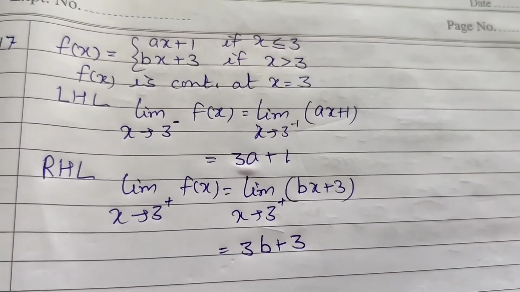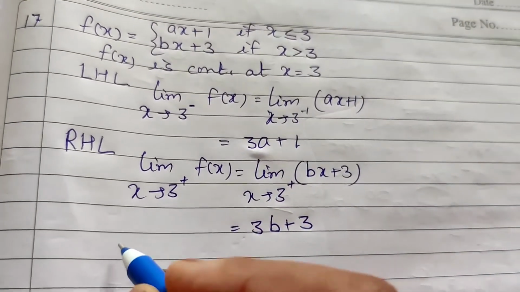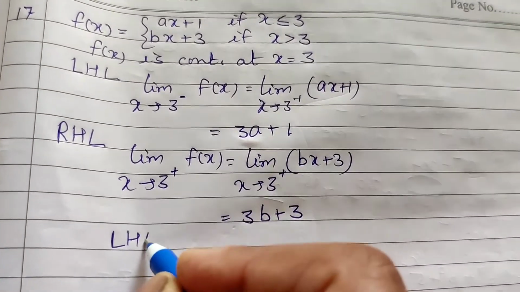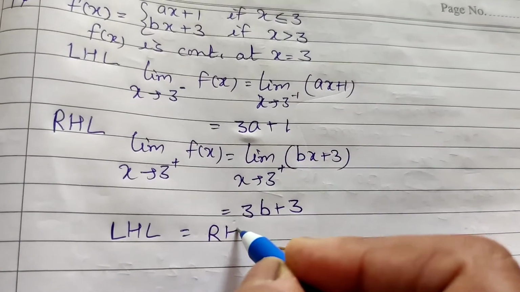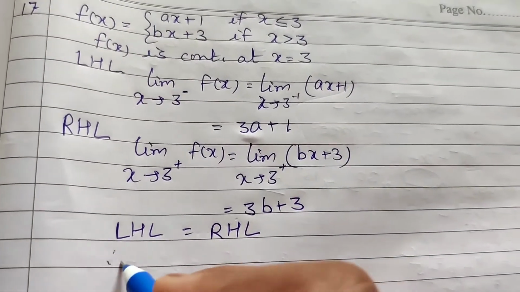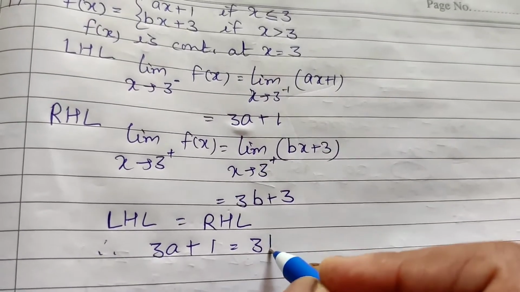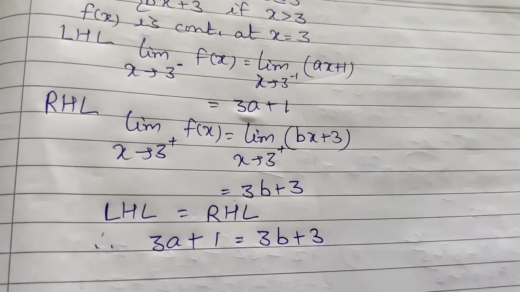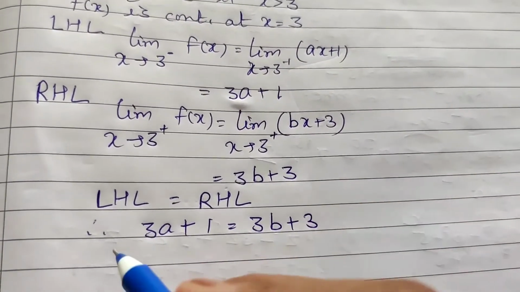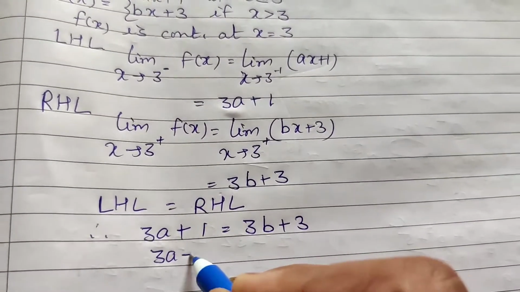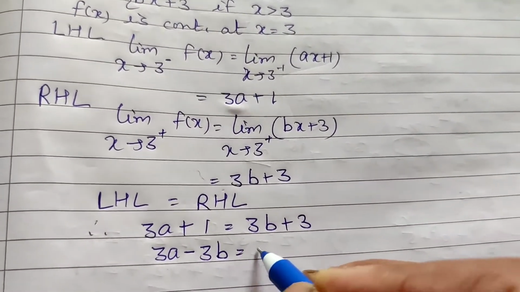Now the continuity rule: left hand limit equal to right hand limit. Therefore 3a plus 1 equal to 3b plus 3. This is the first equation. You can write 3a minus 3b equal to 2.